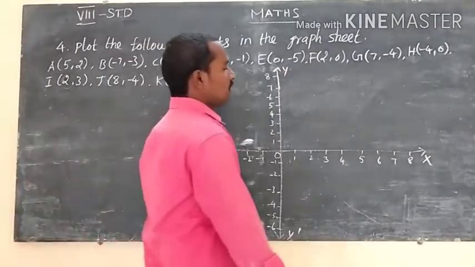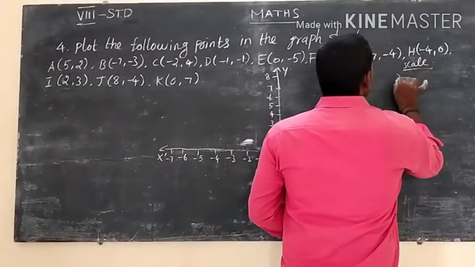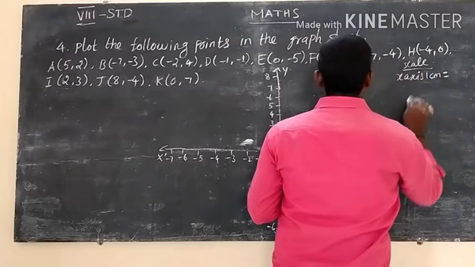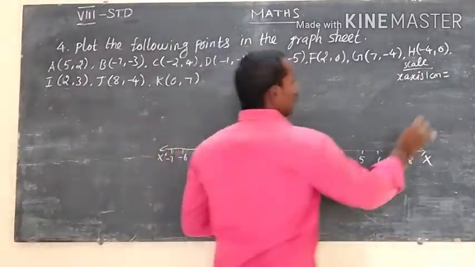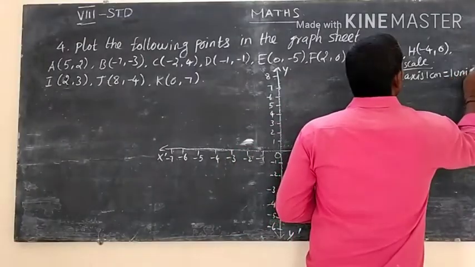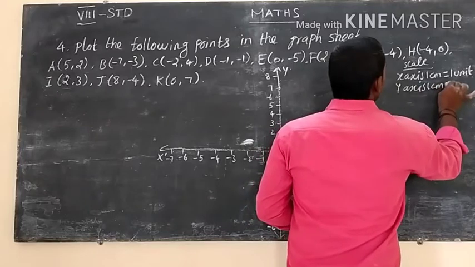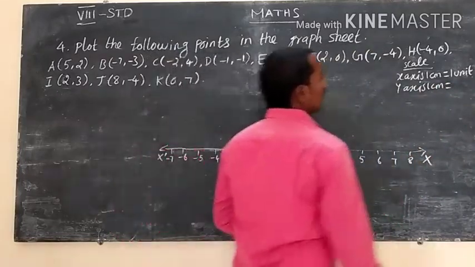Then also write the scale. The scale on the x-axis is 1 centimeter equals 1 unit. Then on the y-axis, 1 centimeter equals, here also I consider, 1 unit.